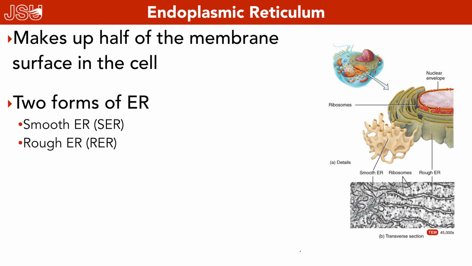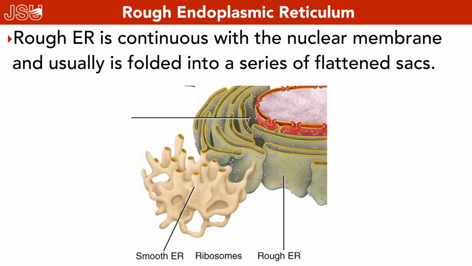All right, so let's talk about the rough ER here. The rough ER is a folded membrane very close to the nucleus. And we have these rough points, and that's ribosomes. Okay, so we have our nucleus here.